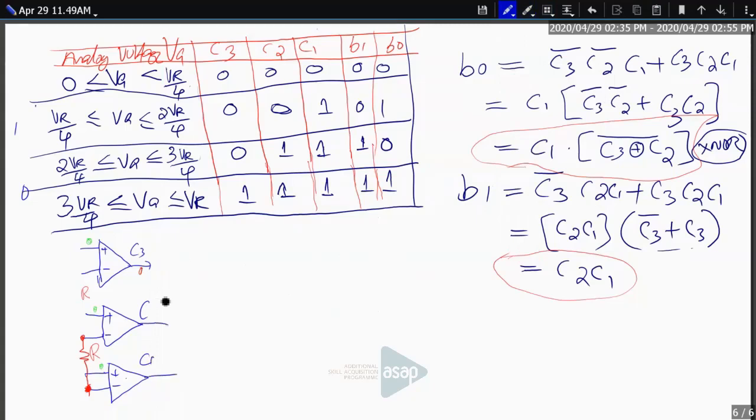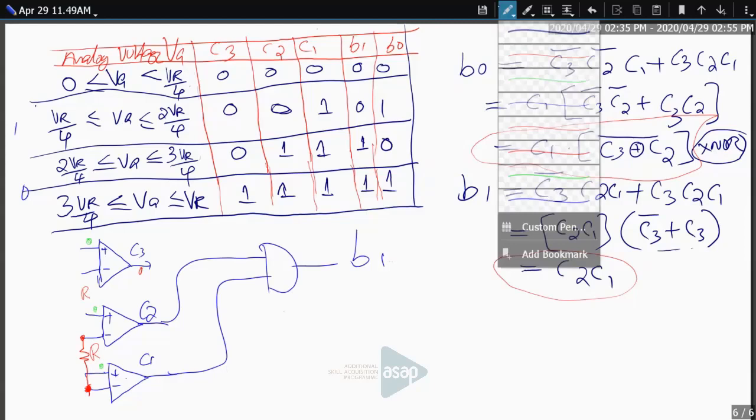What remains is C3 bar or C3, so this is 1. Therefore, it is finally C2, C1. And the conclusion is B0 is this, and B1 is this.